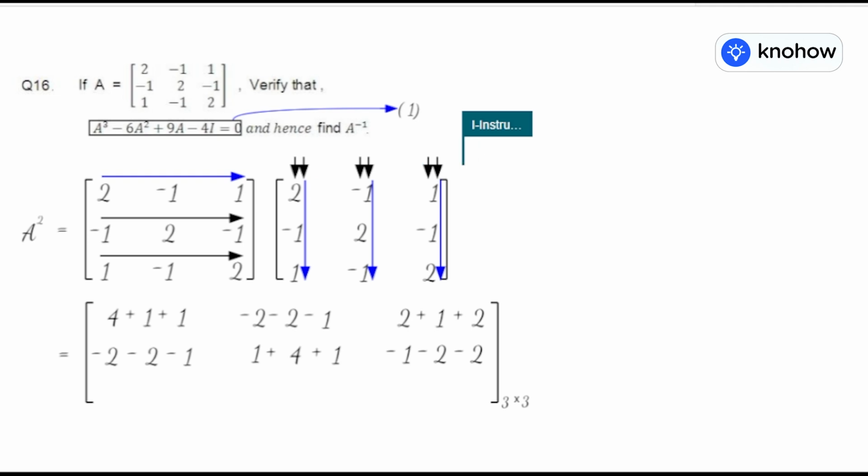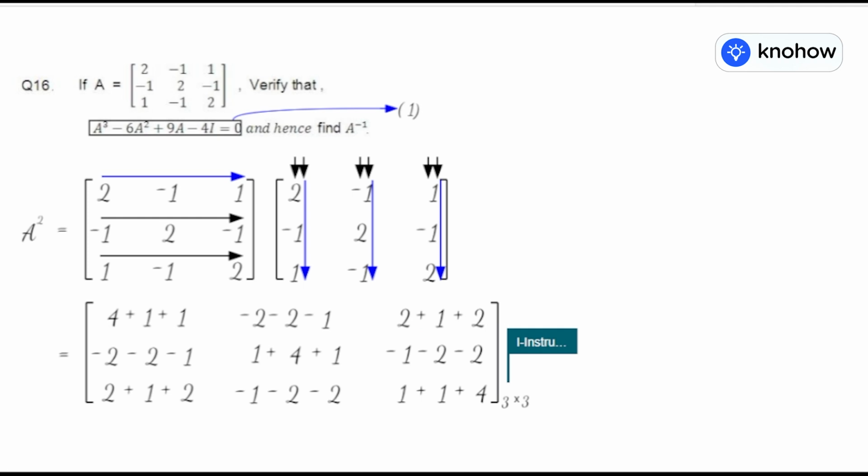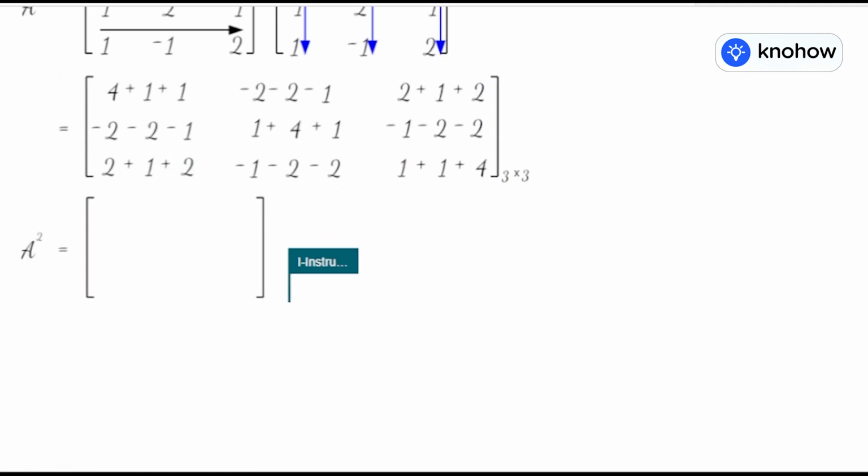You will get 2 plus 1 plus 2, minus 1 minus 2 minus 2, 1 plus 1 plus 4. Now just work it out and you get A square equal to a matrix of third order. The elements are 6 minus 5 5, minus 5 6 minus 5, 5 minus 5 6.